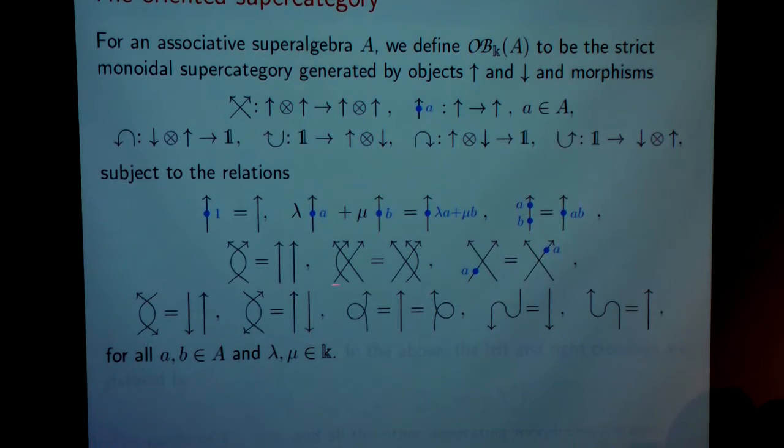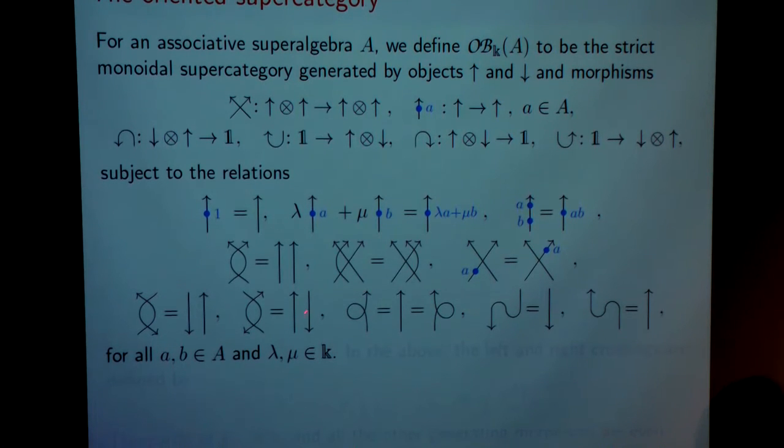This middle line, together with the first two relations on this line, are relations that we impose so that this category is a symmetric monoidal supercategory. So the crossing should square to the identity, the crossing should slide through strands, and these tokens should slide through strands.